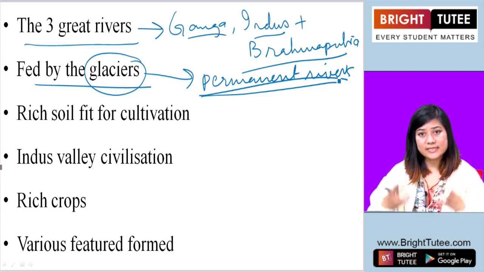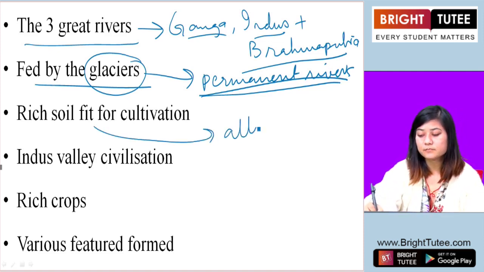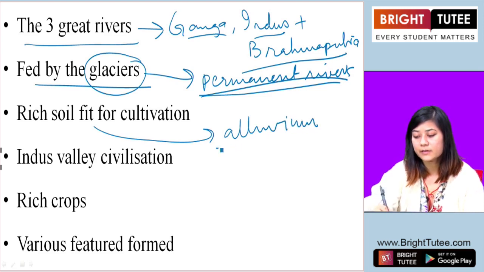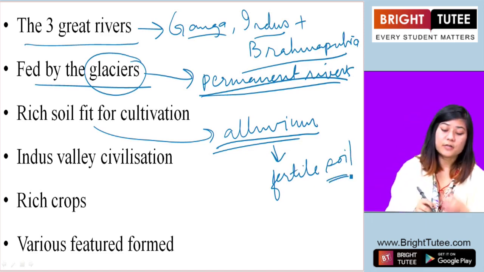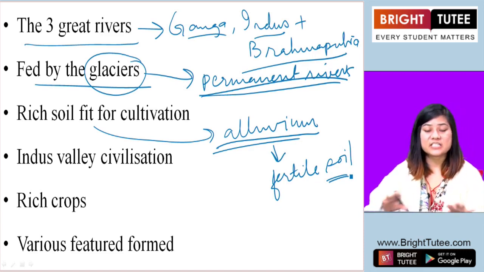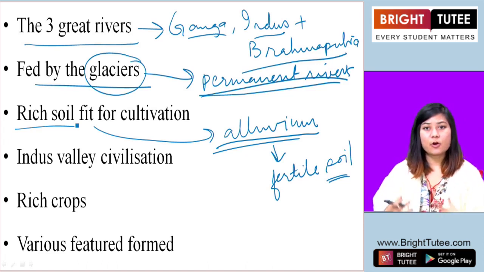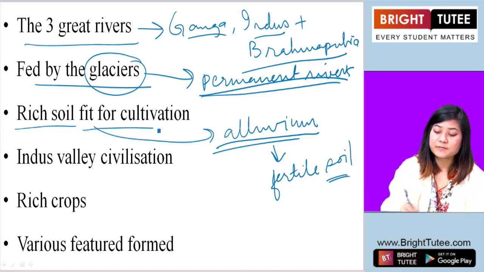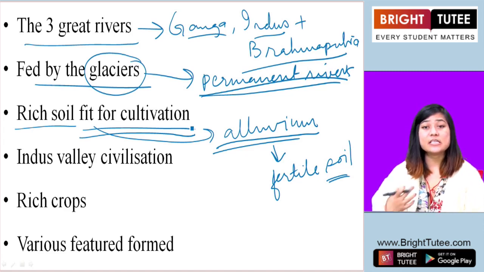Now these plains, which are basically alluvium, that is very fertile soil. So the soil quality of this area, the plains, becomes very rich. And when the soil is very rich, that means the cultivation becomes very good in that area. The rice and crops that are grown in this area yield a good harvest because of the soil quality in this area.